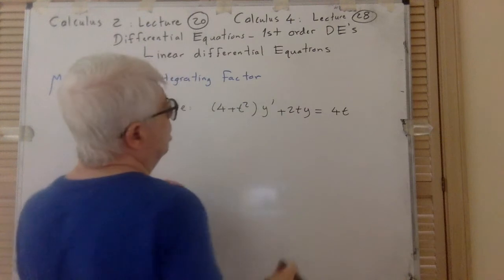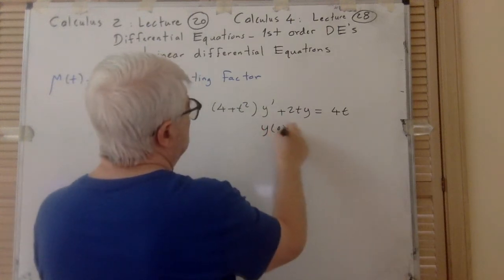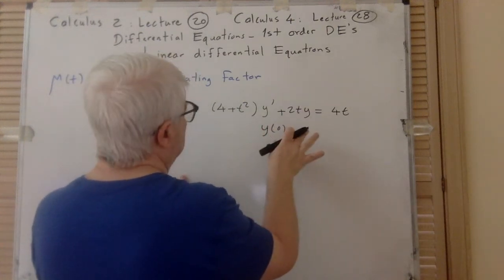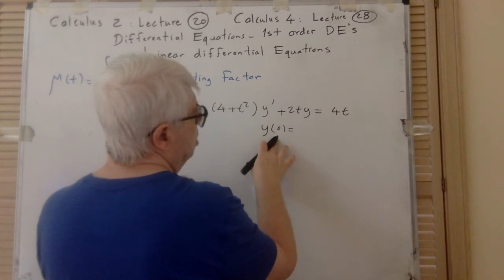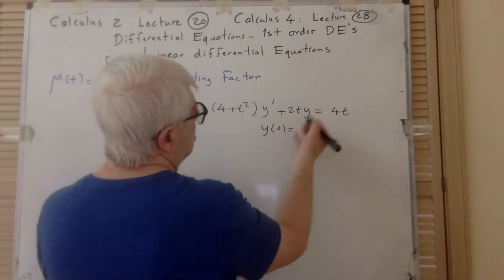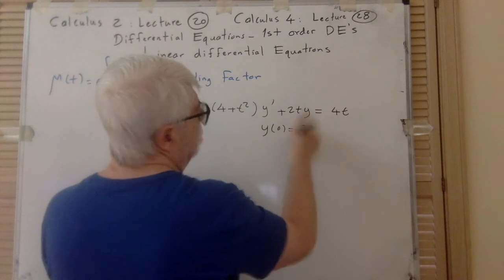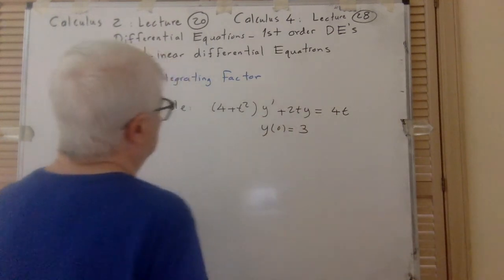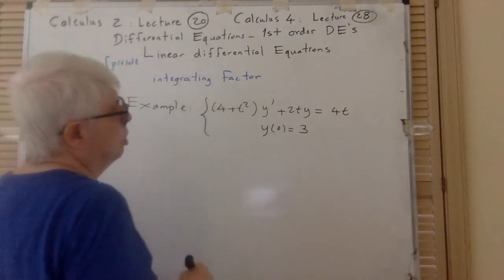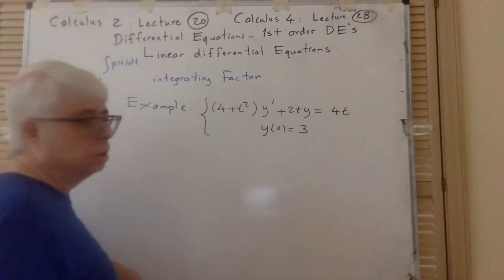And I can say that y at 0 is, can t be 0, I think so, say 3 or something. So this is what we call an initial value problem, because an initial condition is given.